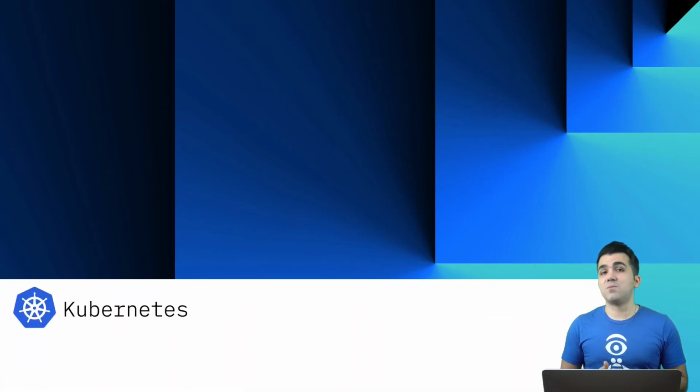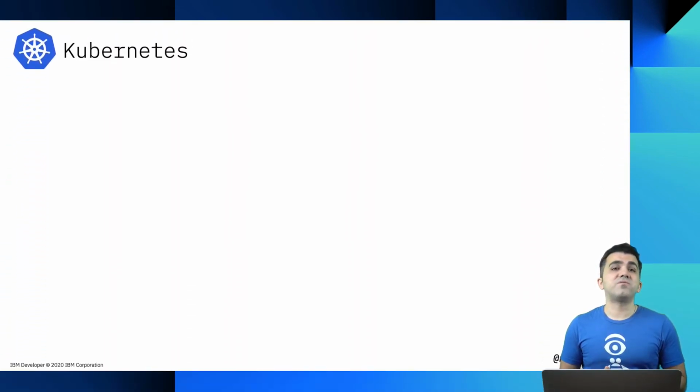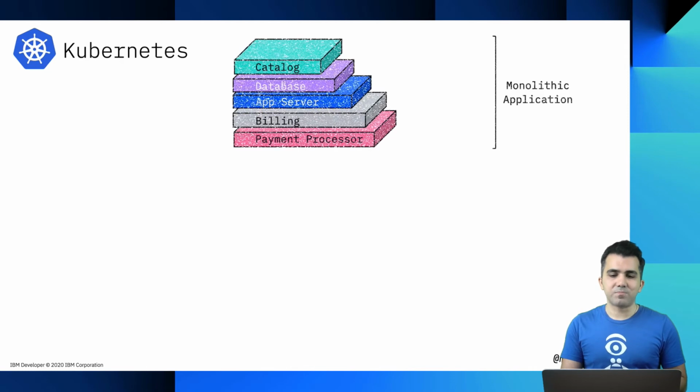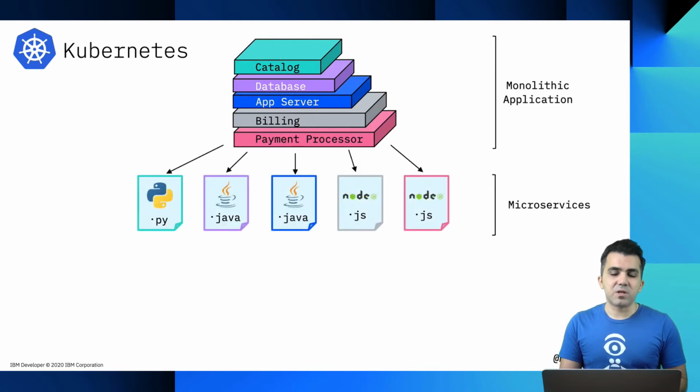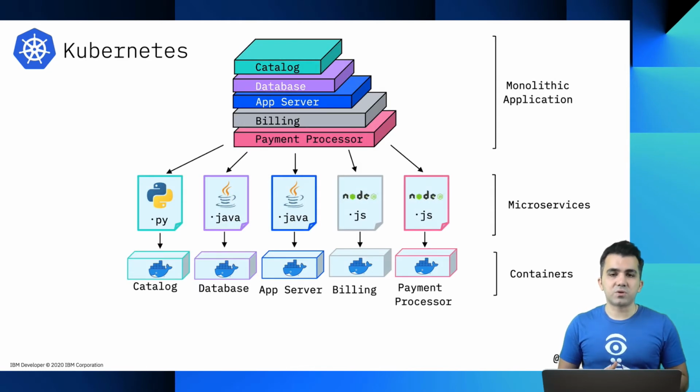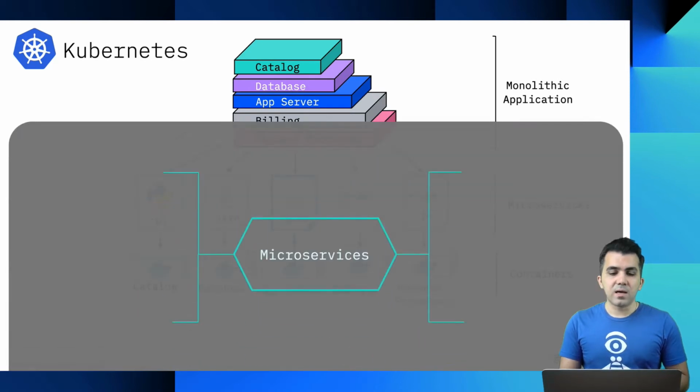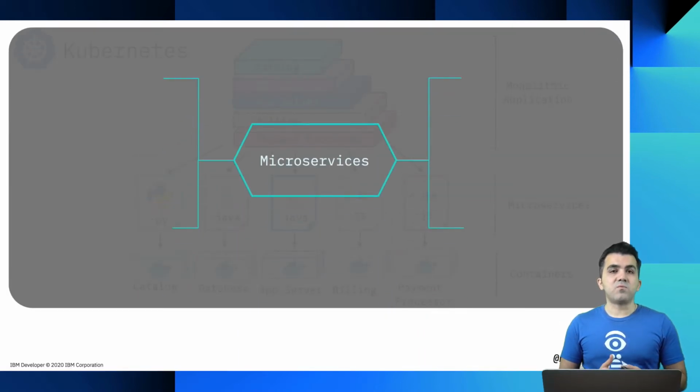In the first and second labs, we learned about the advantages and motivations for moving away from monolithic applications and adopting microservices architecture. Here's a quick flashback. Here we've got a monolithic application broken down into microservices, and then there's a Docker container built for each one of those microservices. Let's take a look at what microservices architecture offers us.